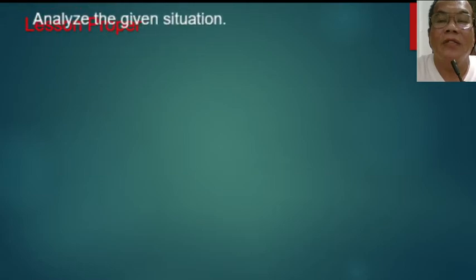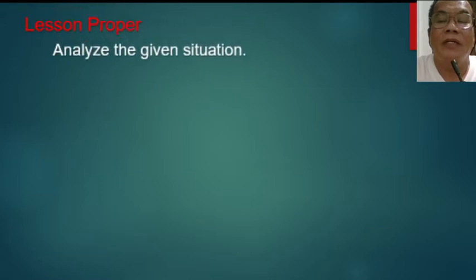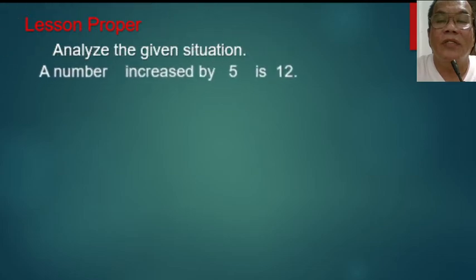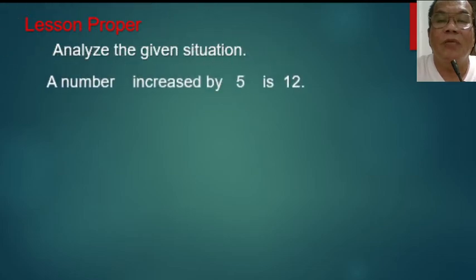And let us proceed to our main lesson. Let us analyze the given situation. A number increased by 5 is 12. How will you translate a number increased by 5 is 12? A number can be represented as x, and the word increased means plus.